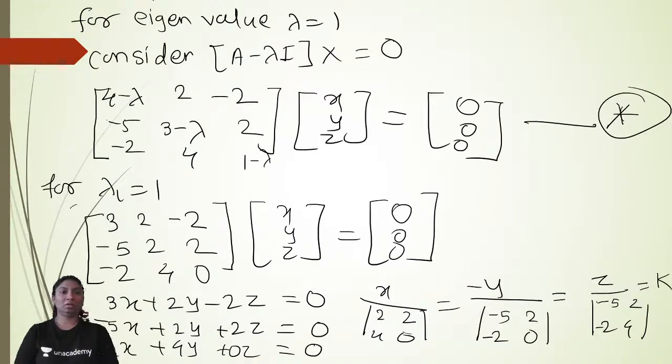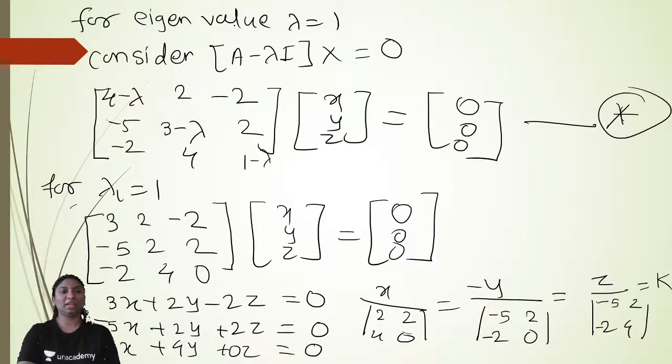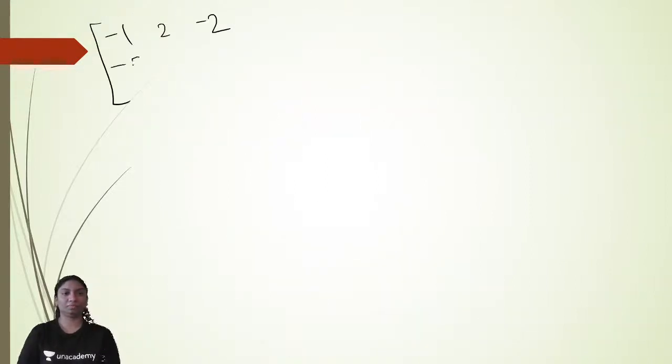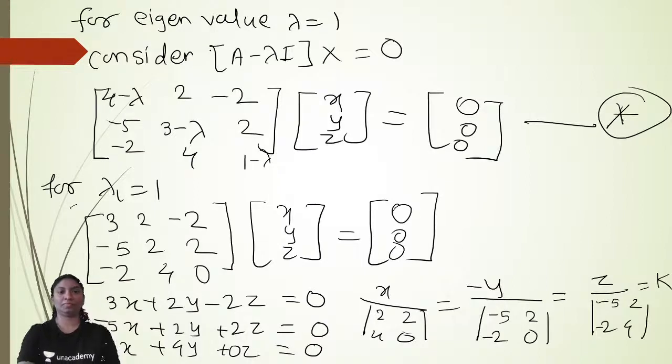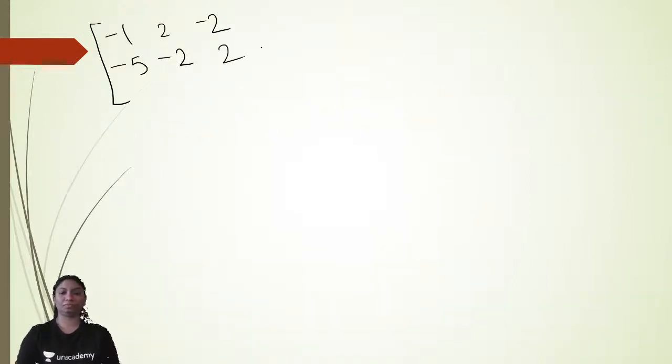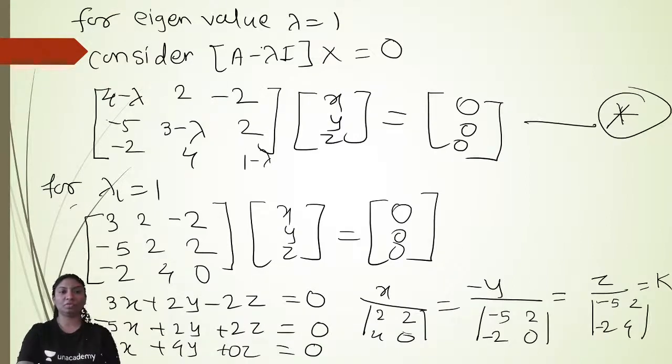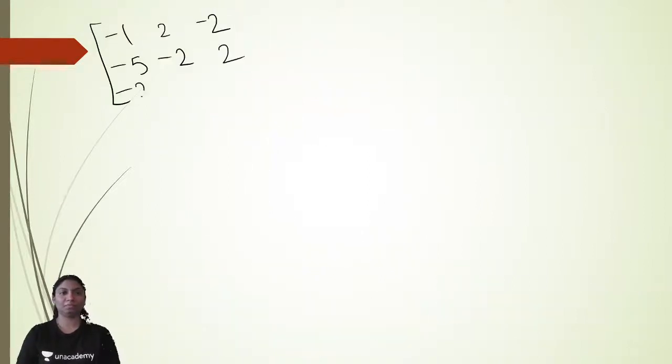Now see here, for lambda equal to 5. So we'll get for lambda equal to 5: 4 minus 5, that is minus 1, 2, minus 2, then minus 5, 3 minus 5, minus 2, 2, minus 2, 4, 1 minus 5, minus 4.